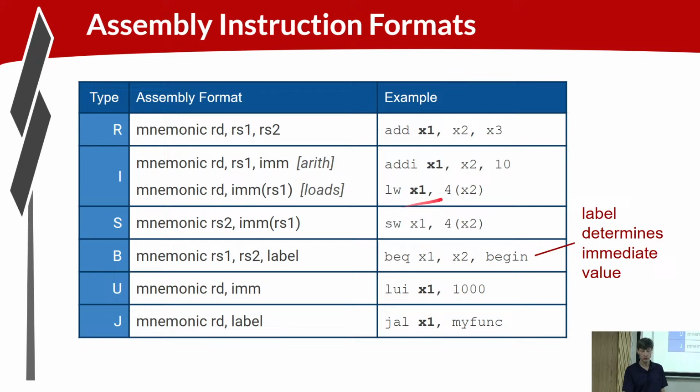We have load instructions that load a value from memory. Those actually take on the same format as these. They have an immediate value, which in the case of a load is an offset value from a memory address. So the memory address is given in a register, and then you have an immediate offset from that.